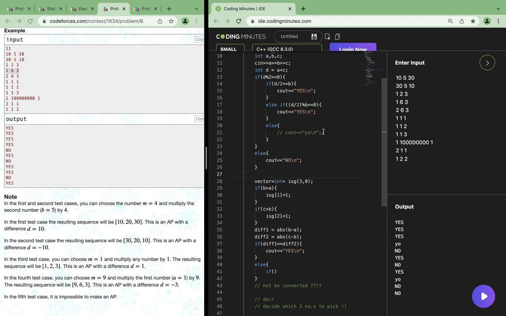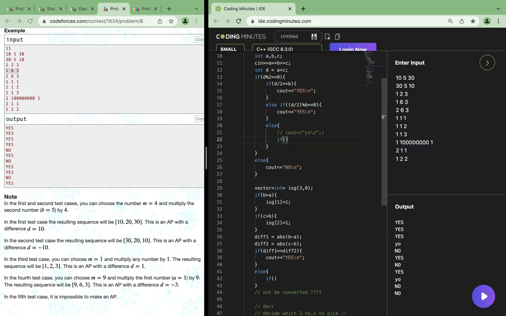So if we can't change b, then if we can change a to be such that a plus c by 2 equals b, so it should be 2b minus c, 2 into b minus c, percentage a. So if we can change a to be this, then it's okay.